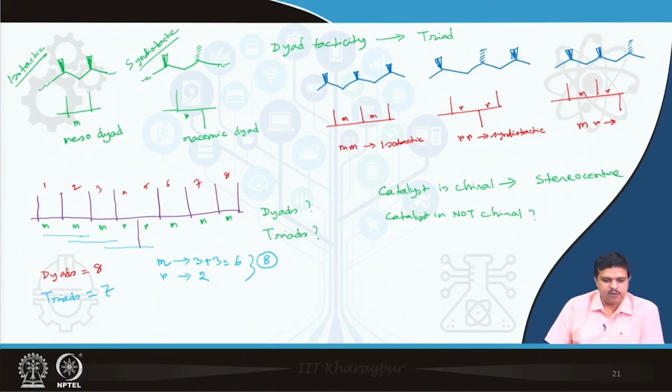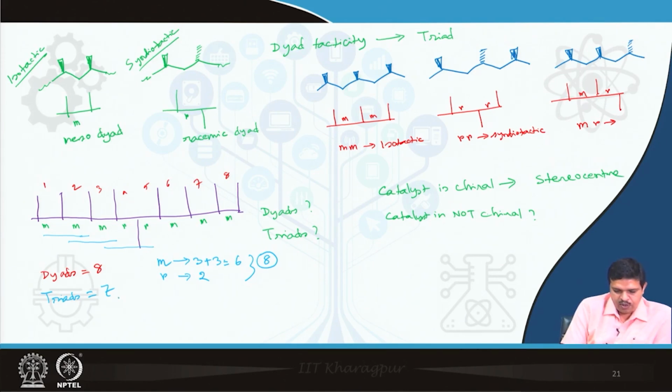Now, let us do triads. Okay. So, you will see one triad is mm, then mm, then mr, then rr, rm, mm, mm like that.